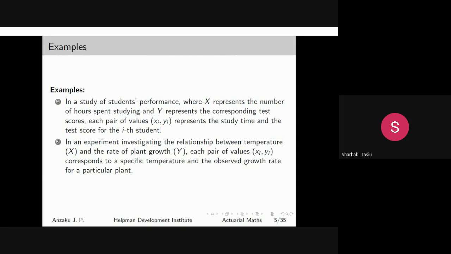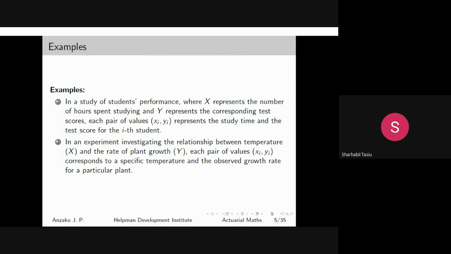We want to see whether they correspond. If he studies longer, will it affect his test score? Or if his study time is very low, will it affect his or her test score?